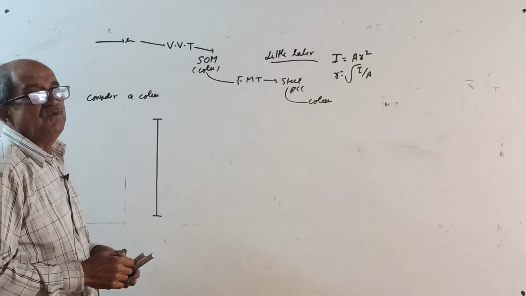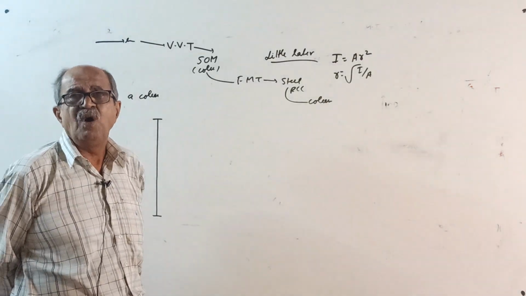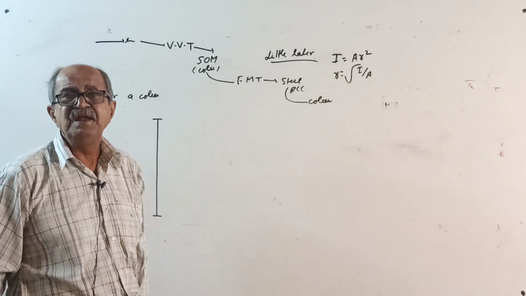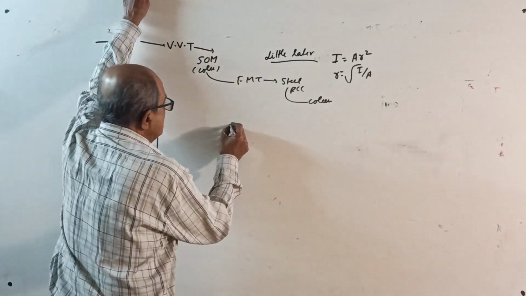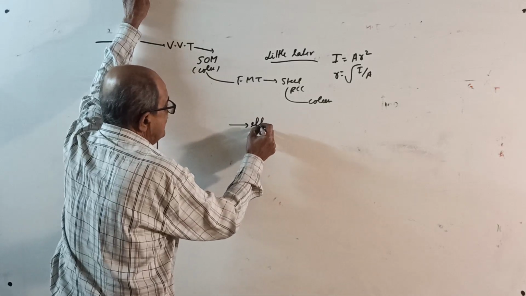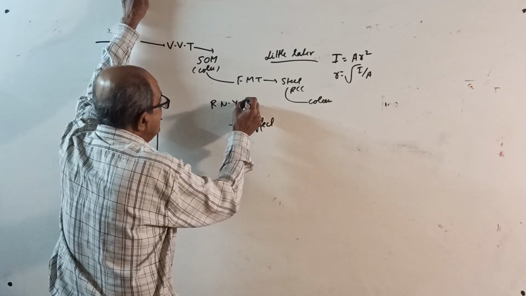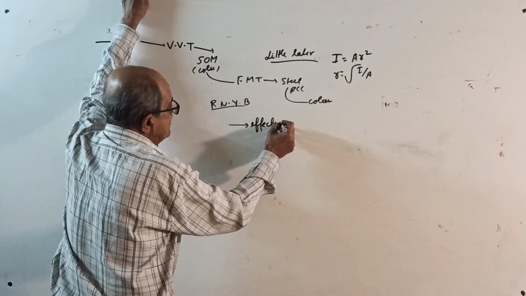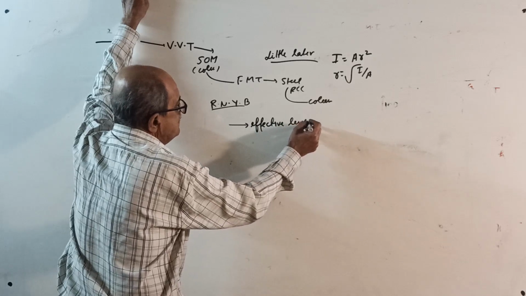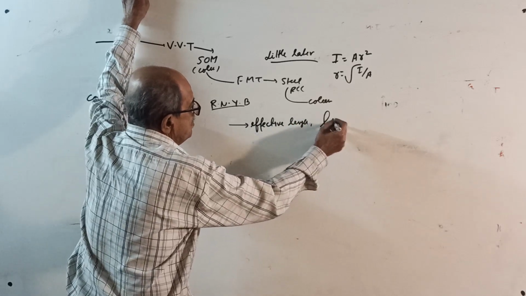Now, for a column, based on its end conditions and length, there is a term called effective length. Right now, you believe me. Effective length, that symbol I will take as L effective.